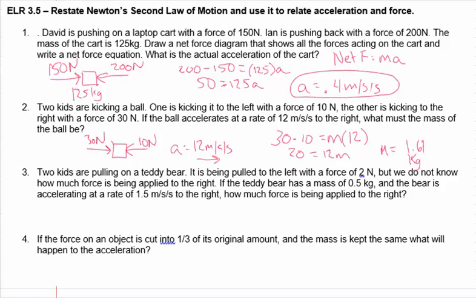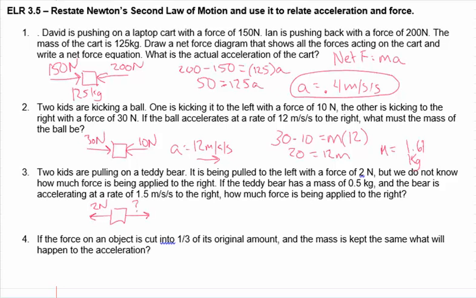All right, for number 3, we've got the most challenging of these free body Newton's second law questions. We've got a teddy bear, and it's being pulled on by two kids. It's being pulled to the left with 2 newtons, so we're going to go that way with 2 newtons. And we don't know how much force is being applied to the right. Some other kid's pulling that way.